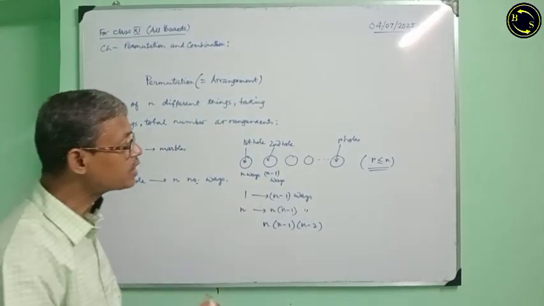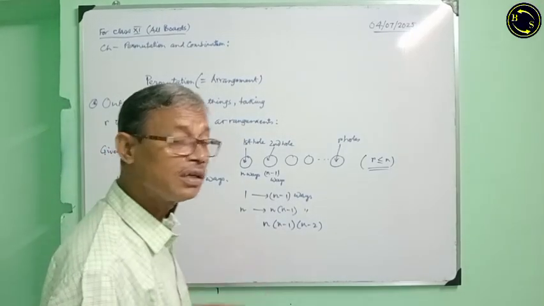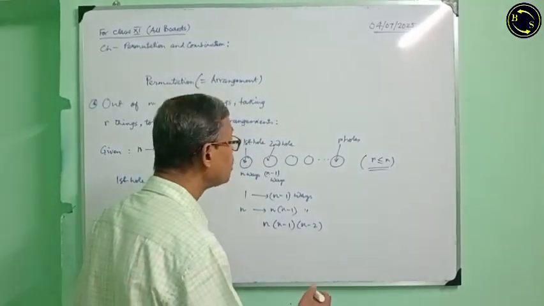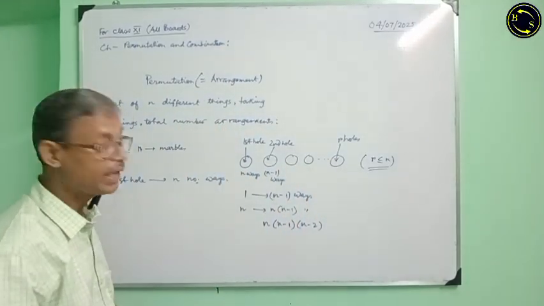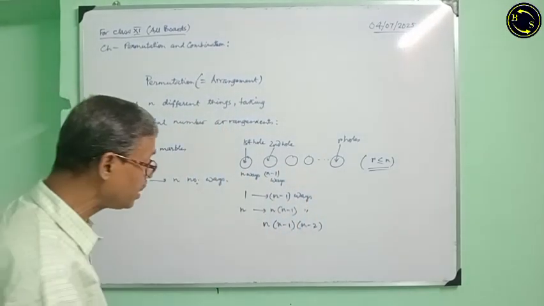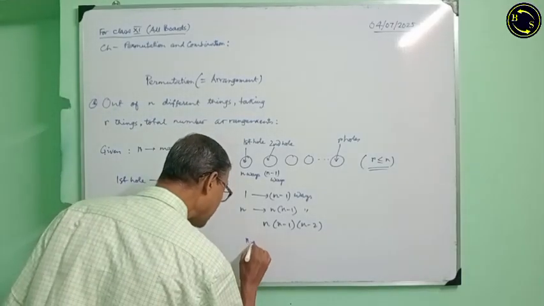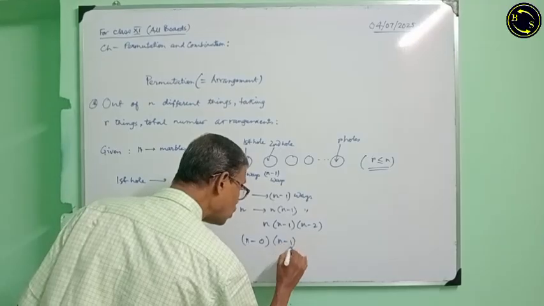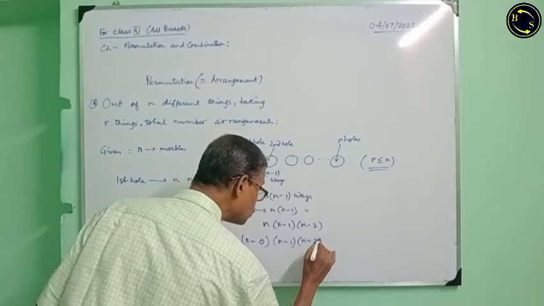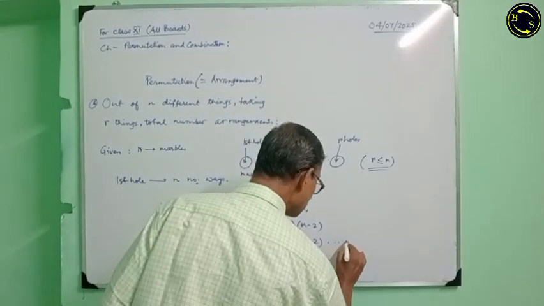Now, following this argument, we can conclude that these r holes can be filled in totally how many ways? n minus 0, n minus 1, n minus 2, dot dot dot.